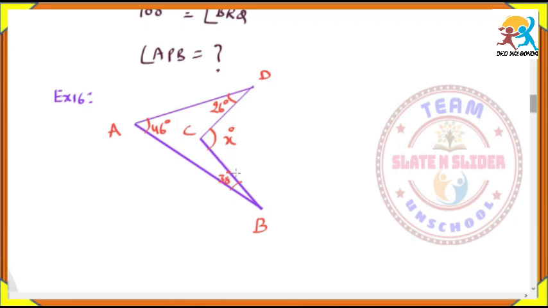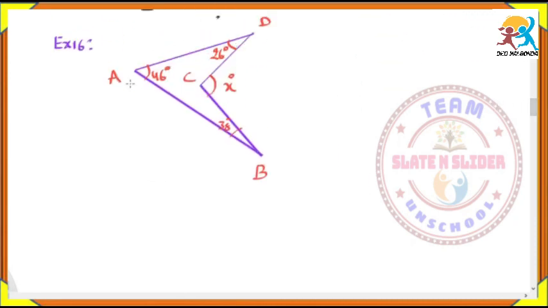See this, it is a polygon and it has how many sides? 4 sides, so that it is called a quadrilateral. So in a quadrilateral, the sum of 4 angles is 360 degrees.